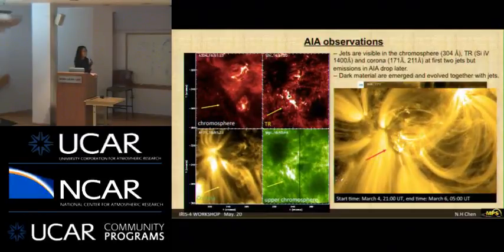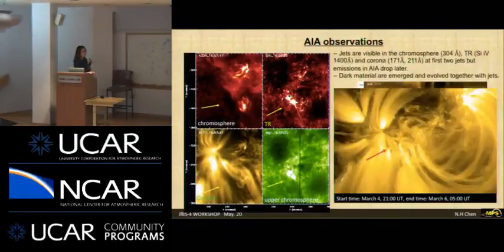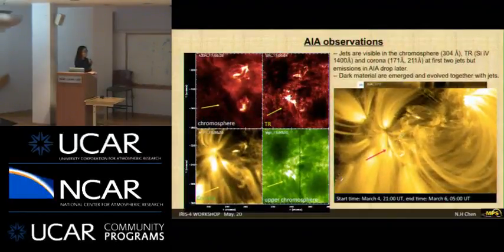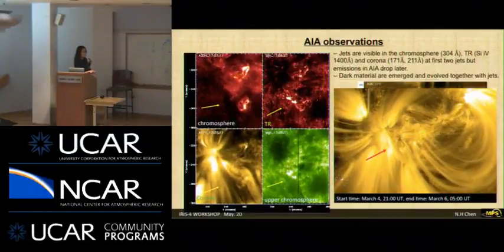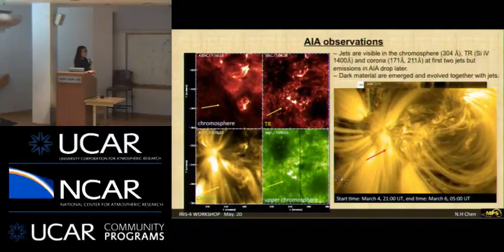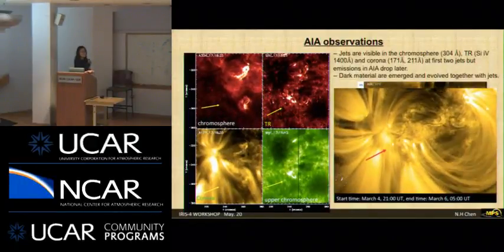We thought that this dark material is blown up into the upper atmosphere, and then it will produce the emission that we usually see on AIA.